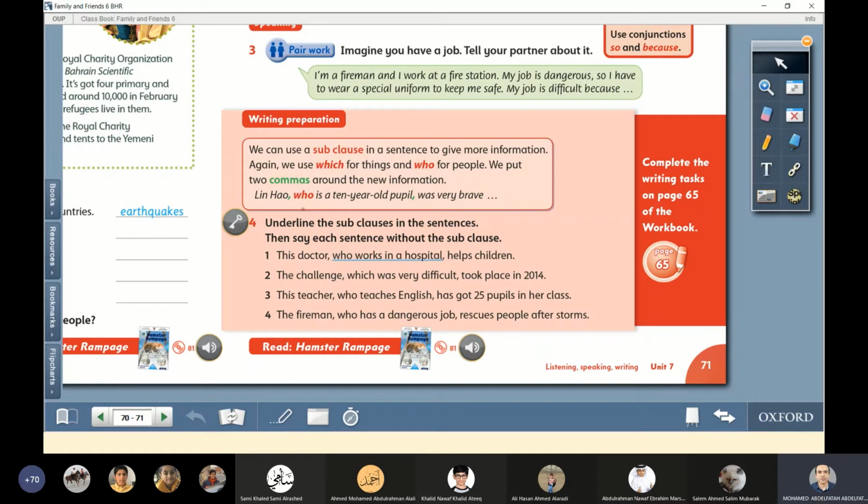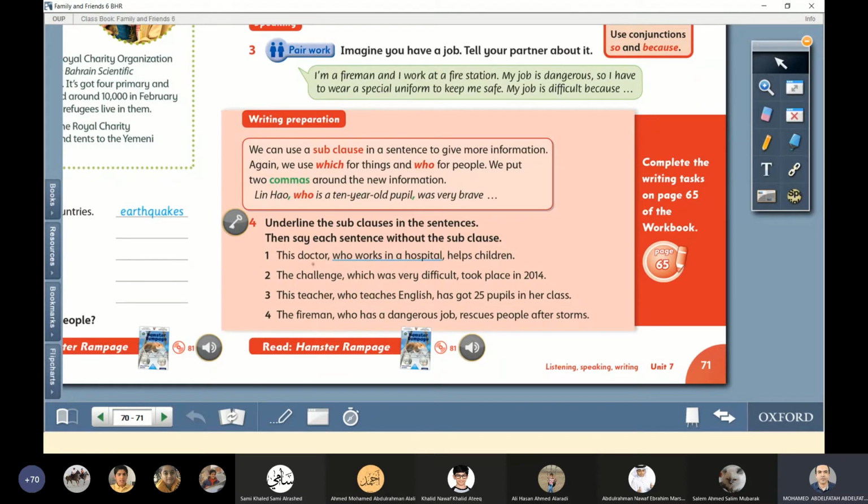So students, now get ready. You have to underline the subordinating clauses in the following sentences. We have here 4 sentences and the number 1 is done for you as an example. Look here, we underlined the subordinating clause, which is who works in a hospital.